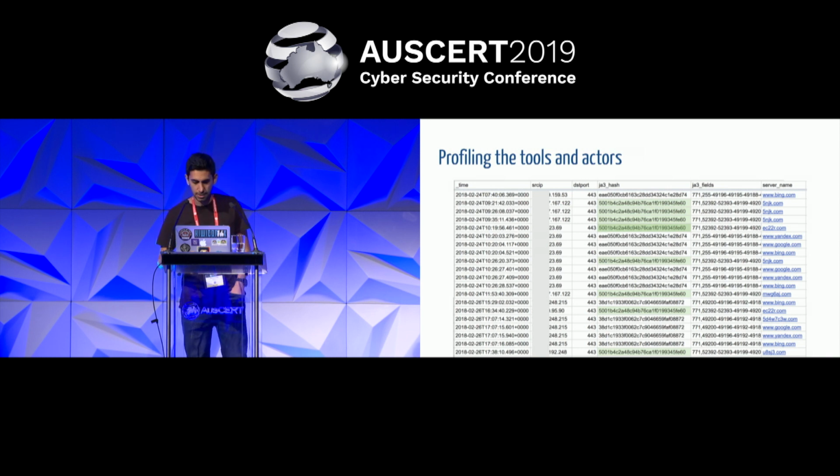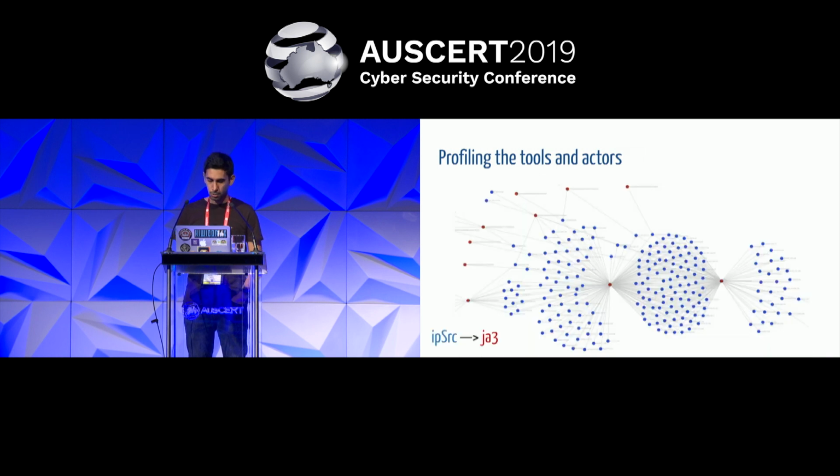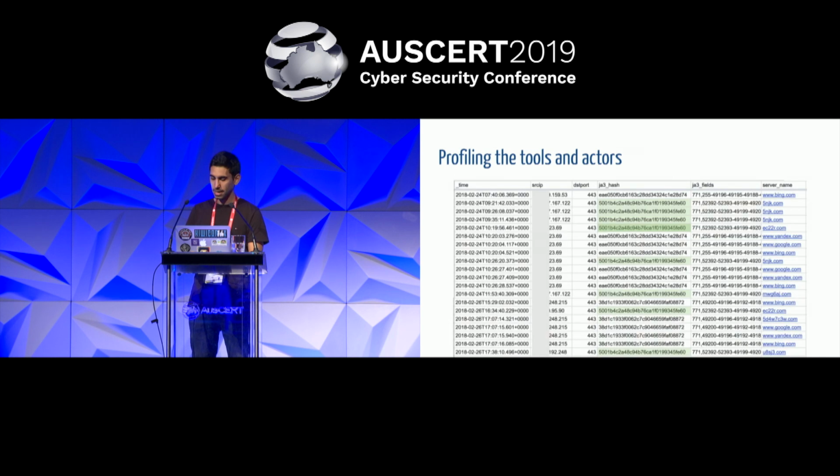Just a few other things, and then I'll show you something on RDP. For profiling the tools and actors, because of some links between these graphs, you can profile the tools and actors. You can understand that this is the same actor using the same tools, because, for example, in this example here, the IPs are different, but just because of this geometry here, we can connect these two IPs together.